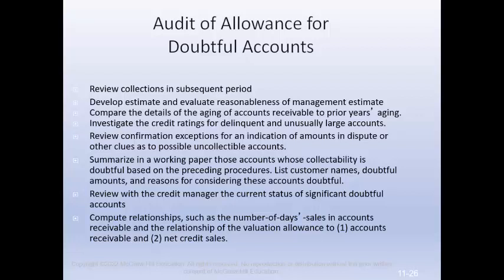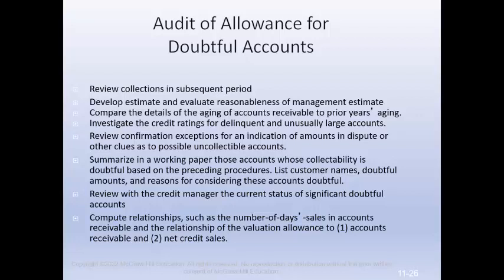Compare the details on the aging of accounts receivable to prior year's aging, investigate the credit ratings for delinquent and unusually large accounts, review confirmation exceptions for an indication of amounts in dispute or other clues as to possible uncollectible accounts, summarize in a working paper those accounts whose collectability is doubtful based on the preceding procedures, review with the credit manager the current status of significant doubtful accounts, determining the collection action taken, and the opinion of the credit manager as to ultimate collectability.